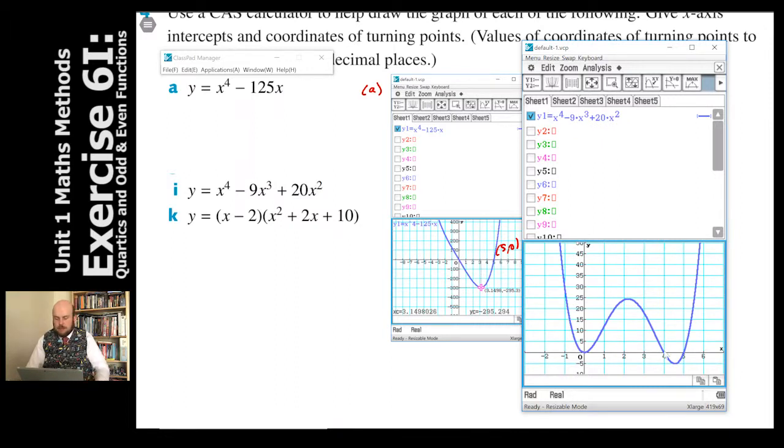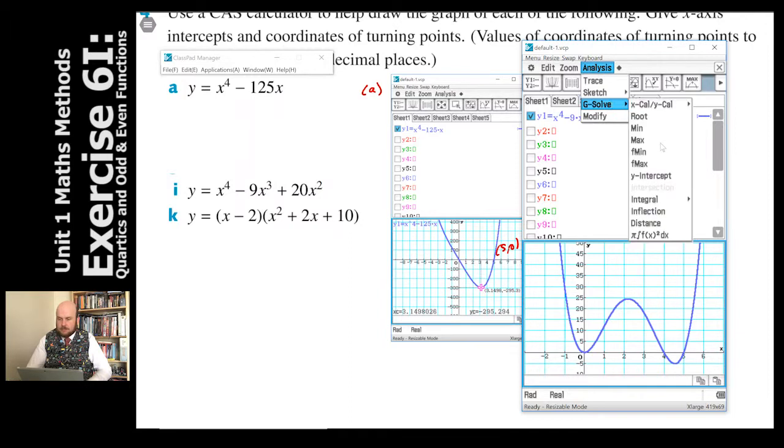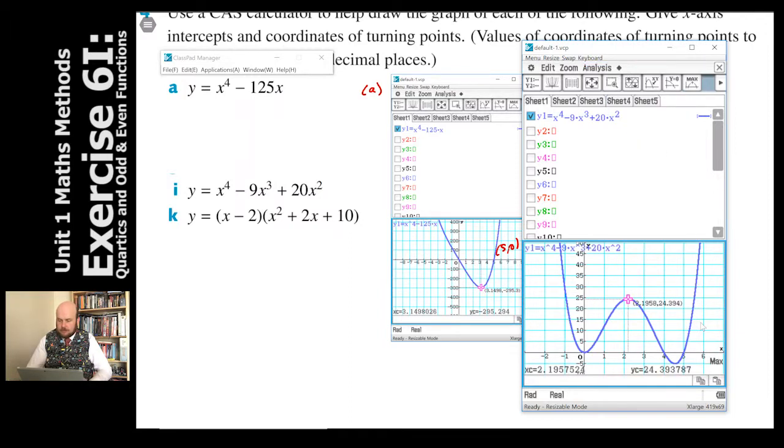So there's a very lovely graph. We've got clear x-intercepts there of 0, 4, and 5. And we can find the maximum by going to Analysis, G-Solve, Maximum. And again, I'm just going to take a picture of that. And we should also find the minimum as well.